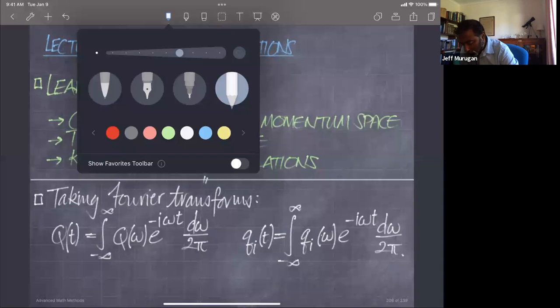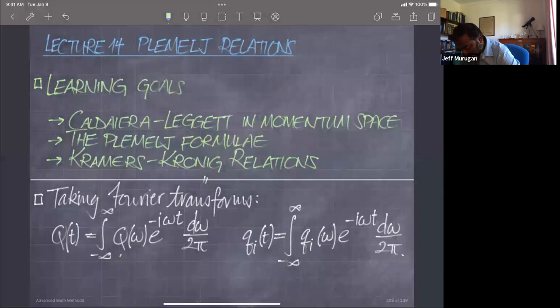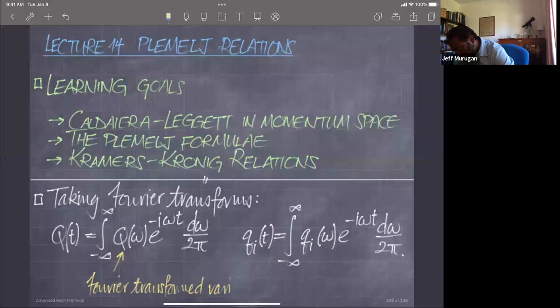So let me just make a note of what these various things are. So this is the Fourier transformed variables.